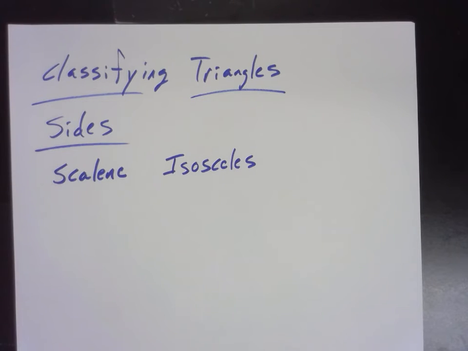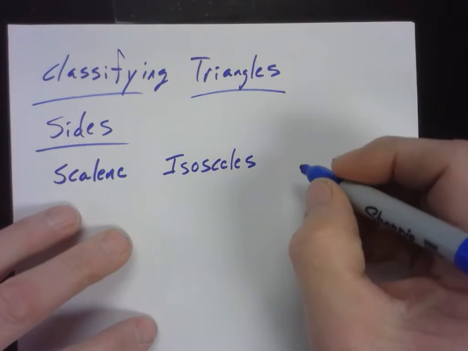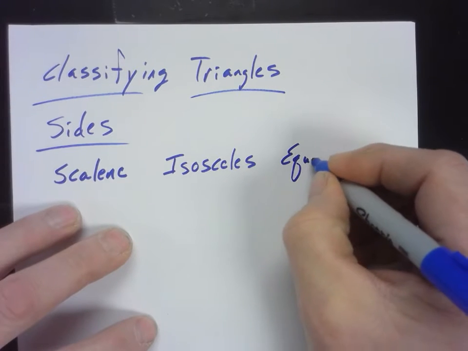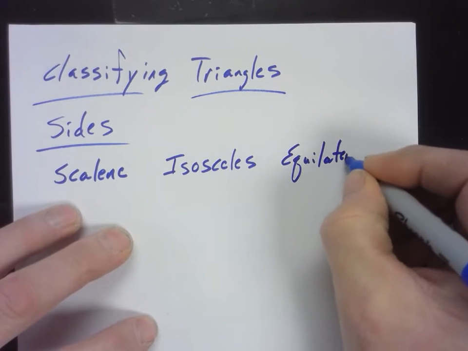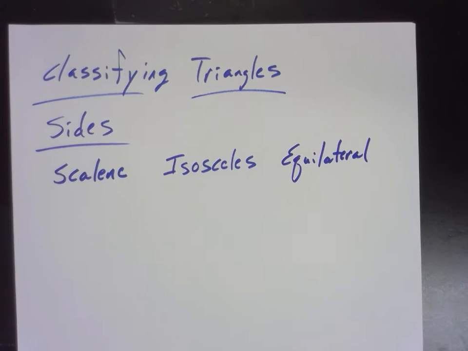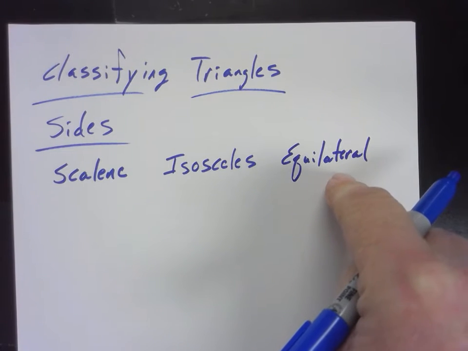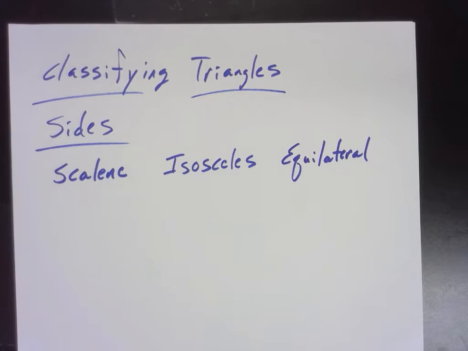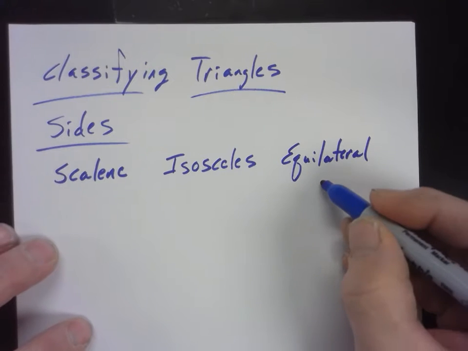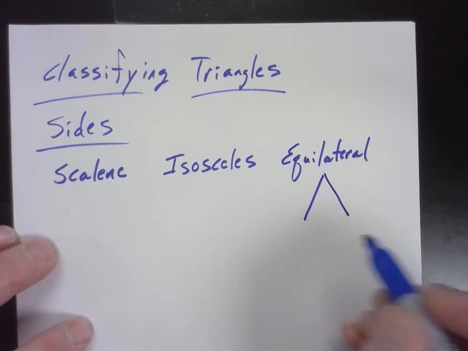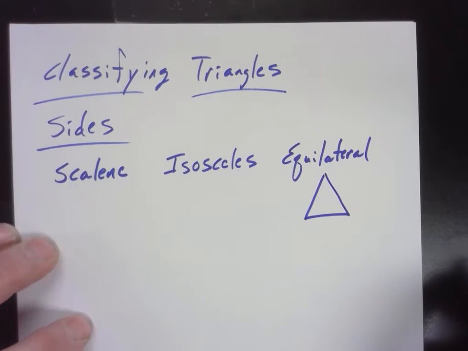Now that doesn't seem like a big difference, but it actually is. And our other one is equilateral. Equilateral means all the sides are congruent. Don't tell me all the sides are the same. In an equilateral triangle, all three sides are not the same side, are they?